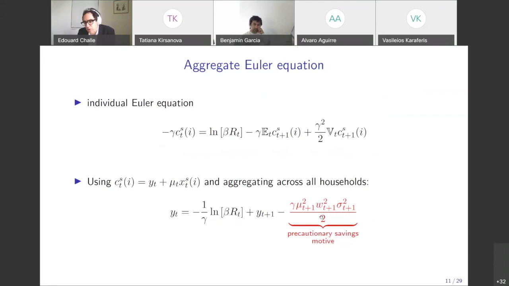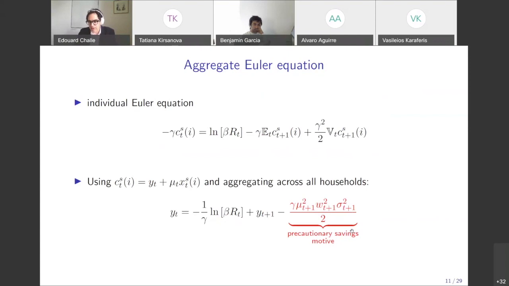So W t plus 1 squared times sigma squared t plus 1 is the conditional variance of earnings. And as I said before, people do not derive utility from earnings, but from consuming some of those earnings. So you need to take into account the pass-through from earnings risk to consumption risk. And this is done by the MPC, again squared, because we have a variance.